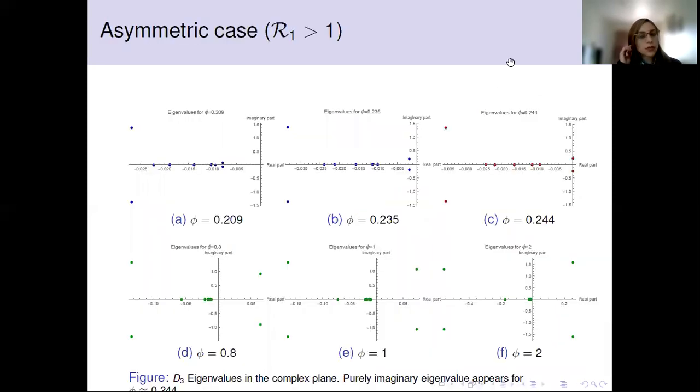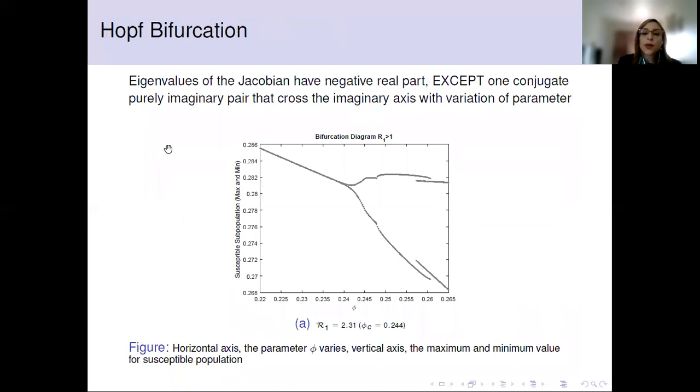We also would like to know about the stability of the coexistence equilibrium in the invariant positive region. So here we do numerical experiments to show the eigenvalues of the coexistence equilibrium in the complex plane. This figure shows that a purely imaginary eigenvalue appears, showing that we have a Hopf bifurcation for this parameter.